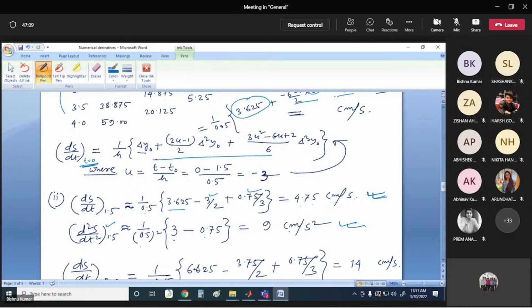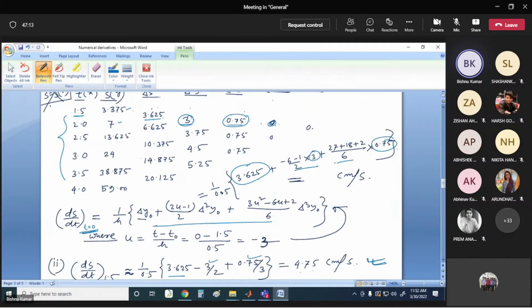If you are asked to calculate the derivative and acceleration at 2.0, then associate these elements, which will be the upper diagonal elements. Using these values, you have to use the same formula.